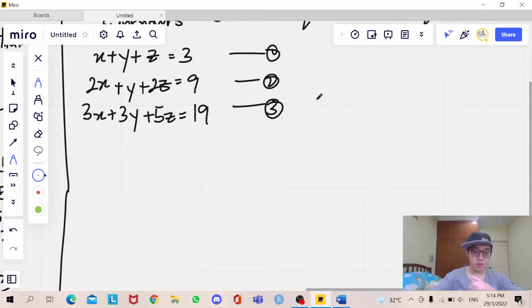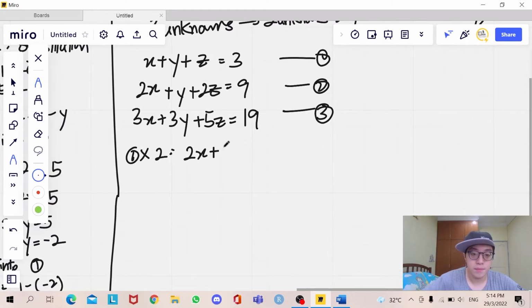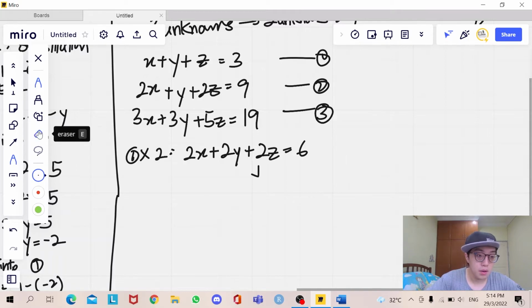So from here, first thing, if you want to eliminate x, we will take 1 and 2. So we know that 1 must multiply with 2. Therefore, you will get 2x plus 2y plus 2z is equals to 6.